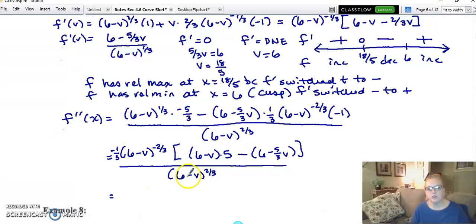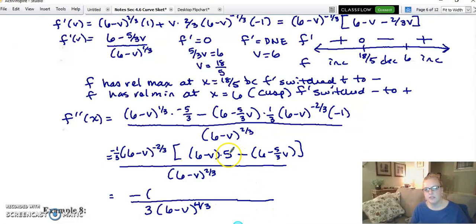Okay, let's simplify a little bit more here. I can combine these together, and remember you're subtracting, so it's negative 4/3, and then it goes back into the bottom. So this is going to be a negative on the top. I'm going to put the 3 down: 6 minus v to the 4/3. Then we need to simplify in here: 5 times 6 is 30, minus 6 gives me 24.